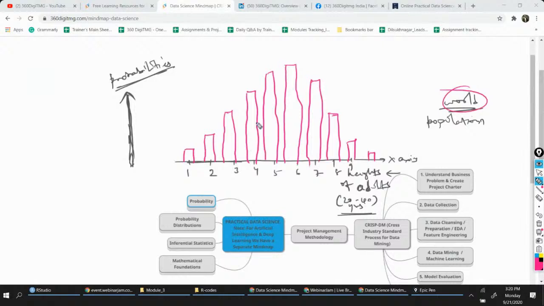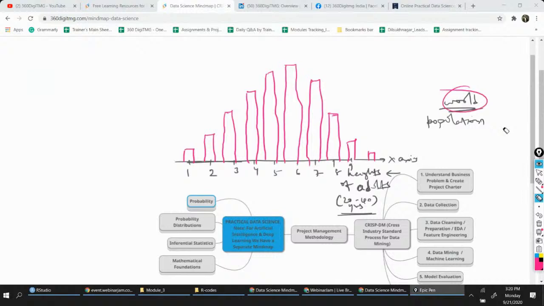Now, on this particular graph, can you tell me what all heights can I measure? What all heights can I measure? Okay, let me erase this.